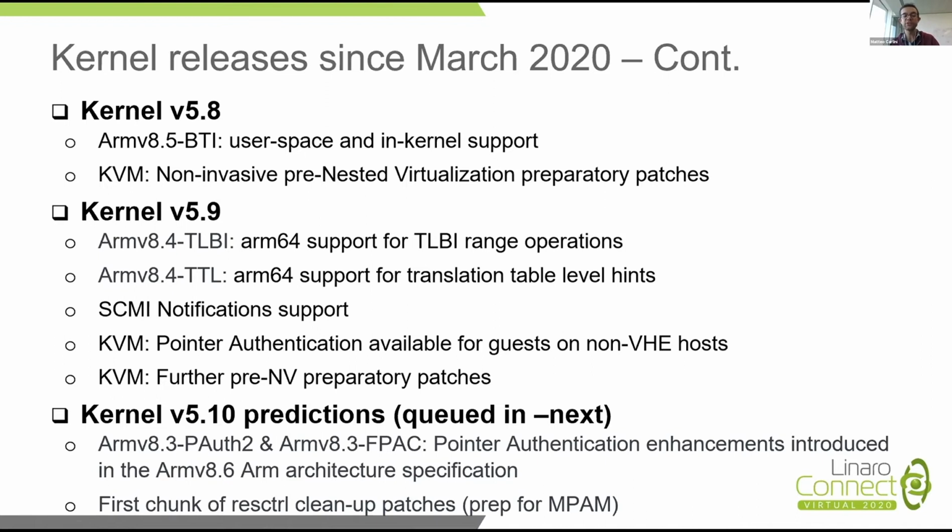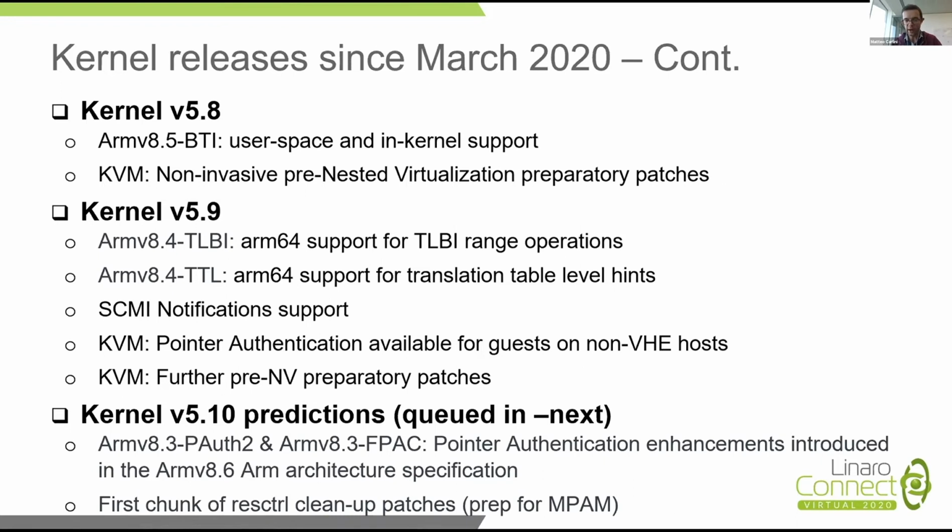Now a bit of prediction for 5.10. These are all things which are already queued in next, so fingers crossed they will appear in 5.10. Pointer authentication. What was missing in pointer authentication? Well, there were extensions added in the 8.6 revision of the ARM architecture, called 8.3 pointer authentication 2 and 8.3 fault on pointer authentication instructions.